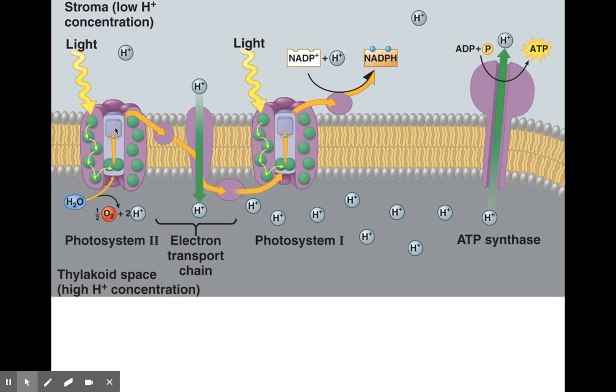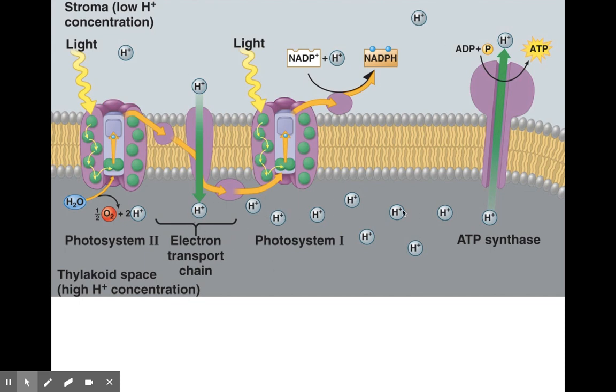Water is split at photosystem 2 to add electrons to this whole system. And in doing so, oxygen, a waste product, is created, and hydrogen ions are created and are filling in the thylakoid space. Because we have hydrogen ions pumped through and hydrogen ions made from the splitting of water, we now have more hydrogen ions in the thylakoid space than in the stroma.